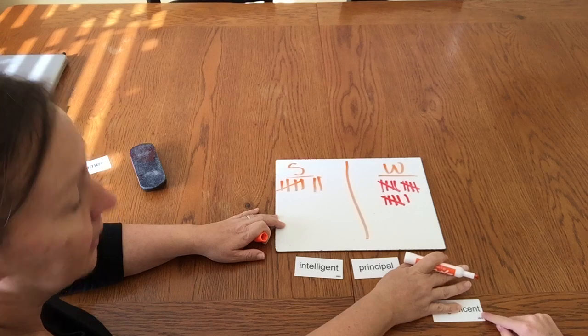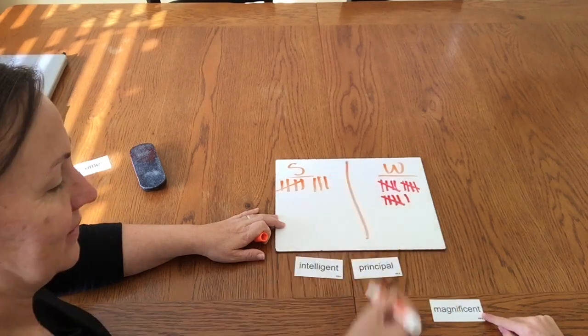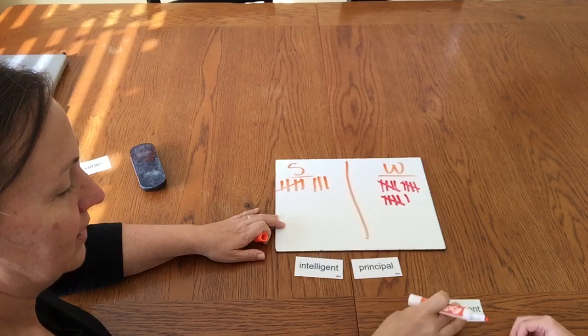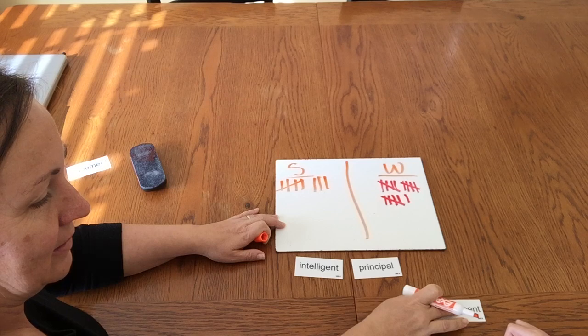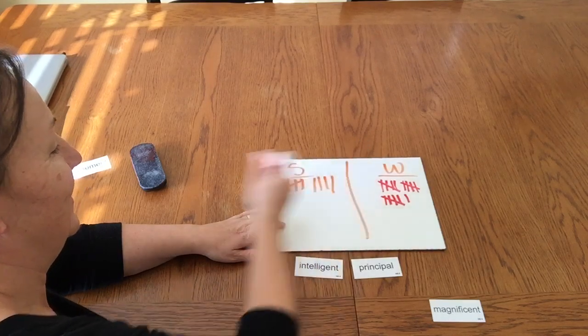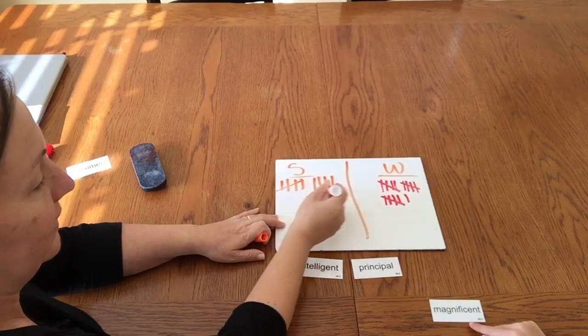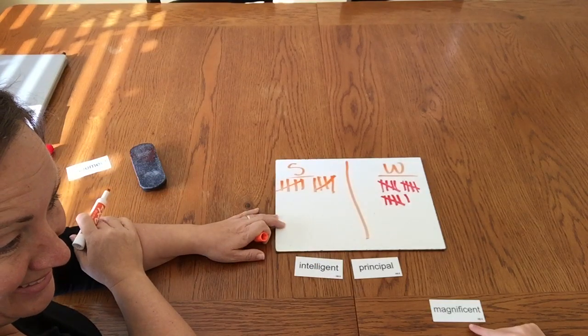NT is a blend. Very good. Okay. Do you know anything special about that C? It says like S when followed by an E, I, or Y. Excellent. I'm going to give you a point that it said S and that you also remembered the 3 letters.